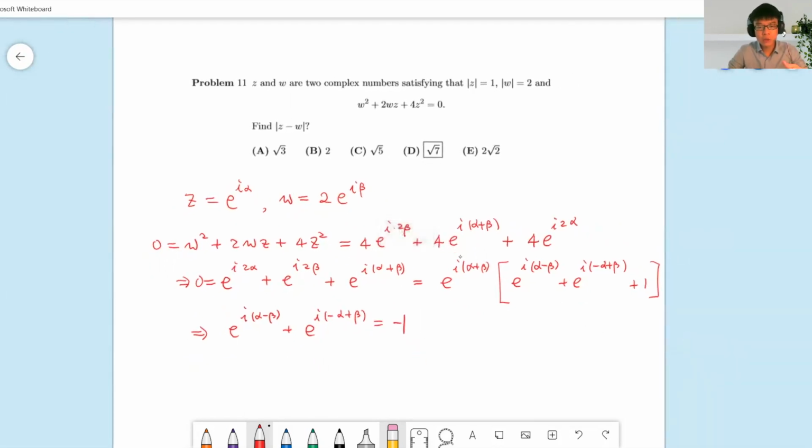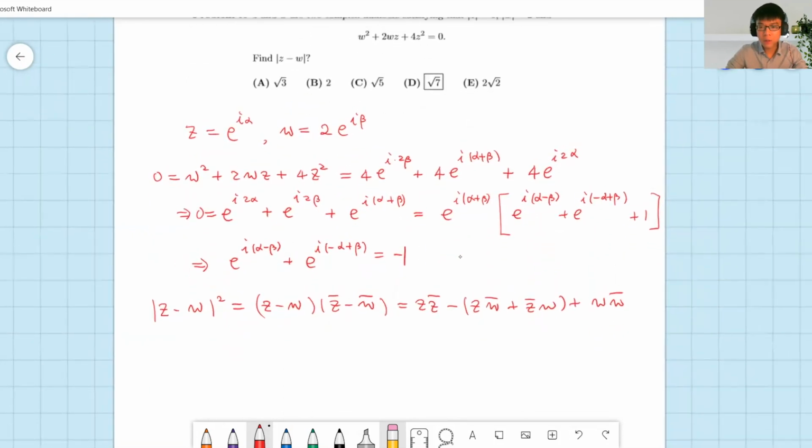Now let's try to find Z minus W. So for Z minus W, let's do the square of the modulus, which is (Z minus W) times (Z bar minus W bar), the conjugate. And this is equivalent to Z times Z conjugate minus Z times W conjugate plus Z conjugate times W plus W times W conjugate.